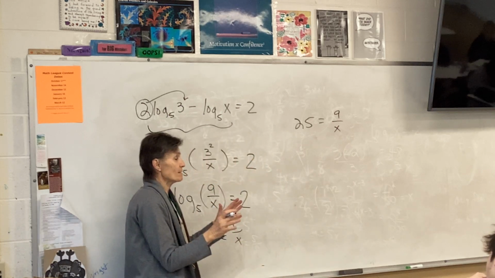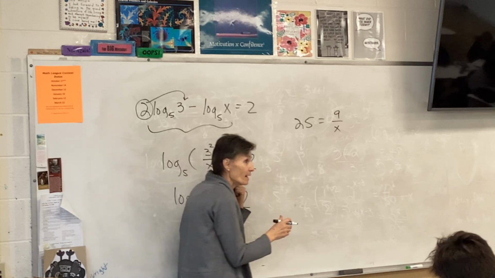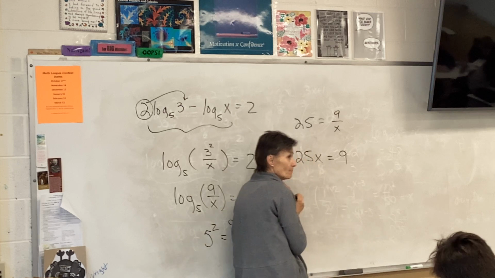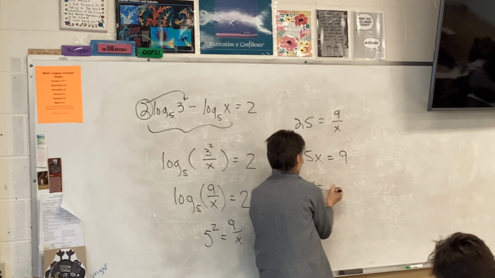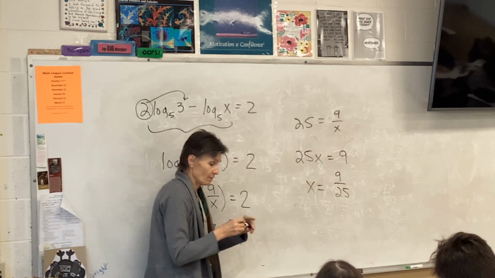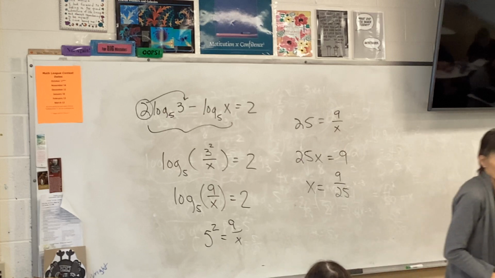Now, don't get crazy, folks. Get rid of your fraction. So you're going to multiply by x. So 25x equals 9. And then you'll divide by 25 to get your answer. And there it is. Okay?